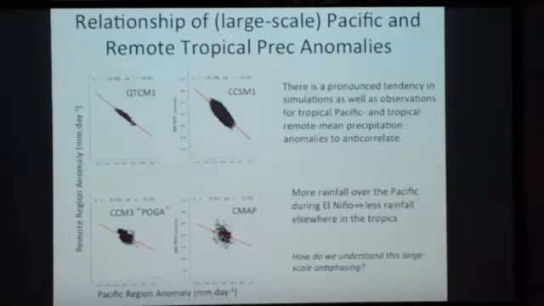So what I was interested in doing is looking at this at the largest scale, and that's to compare what's happening over the tropical Pacific, taking a big box over the ENSO center of action in the Pacific, and contrasting that to the remote tropics. And I was focusing in particular on rainfall.